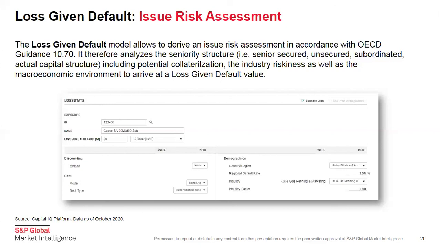In this case, we made up an exposure ID, 1, 2, 3, 4, 5, 6. The name, COPEC, $30 million US dollar subordinated. S&P has different models.